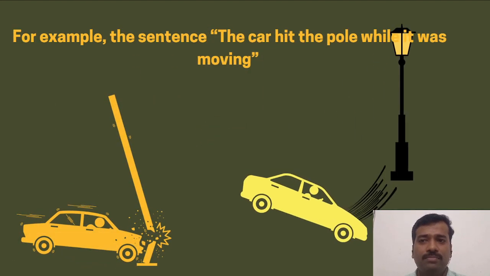For example, the sentence, the car hit the pole while it was moving. The interpretation can be that the car, while moving, hit the pole, or that the car hit the pole while the pole was moving. So this gives the best example of semantic ambiguity.